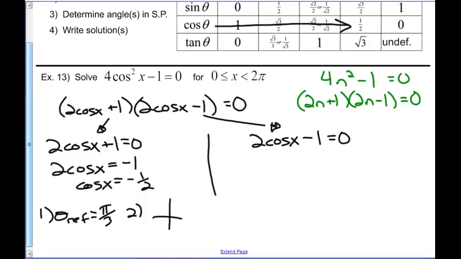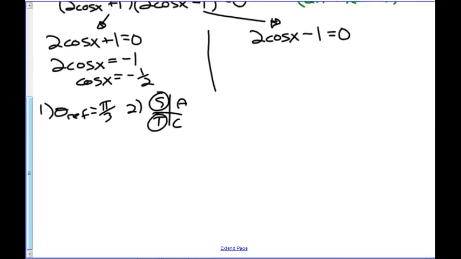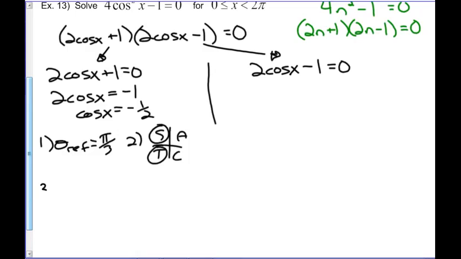Here, cosine's negative, so I'm talking about quadrants 2 and 3. We keep going down. If I were to sketch these, they would be pi over 3 and pi over 3.